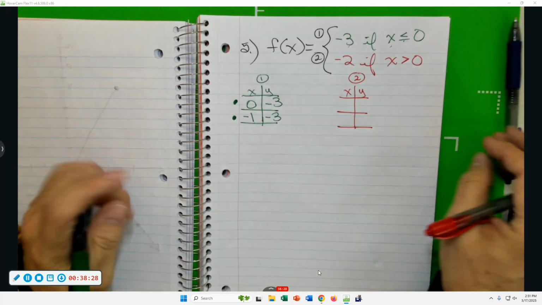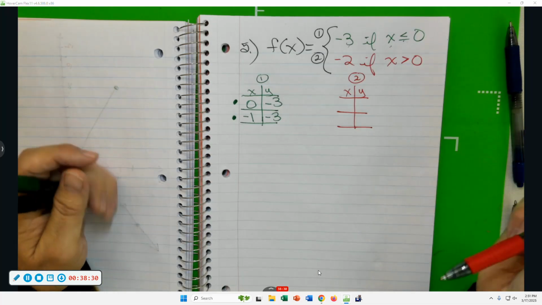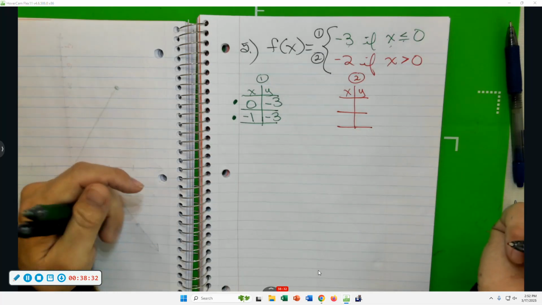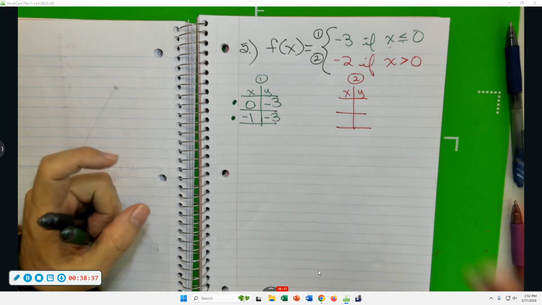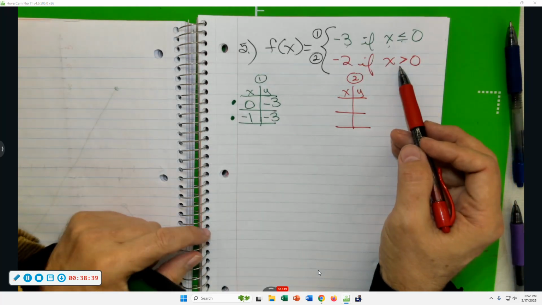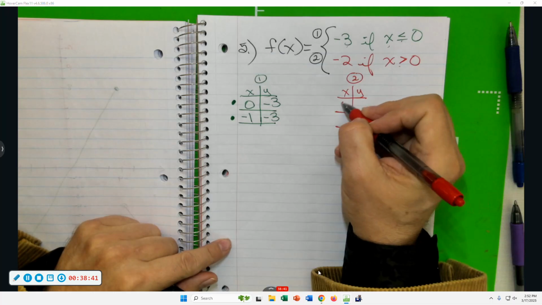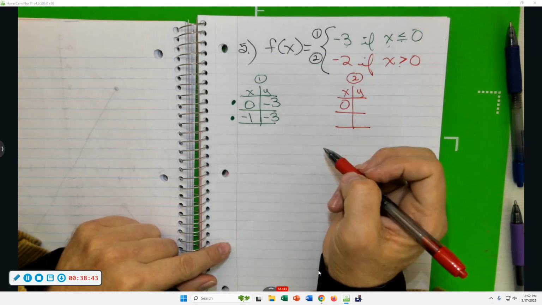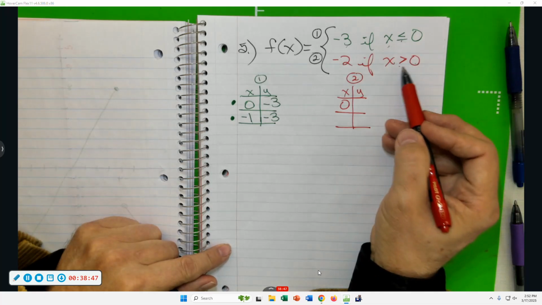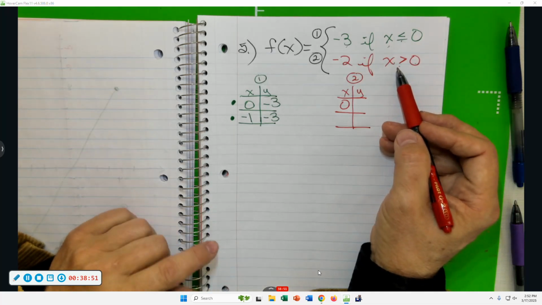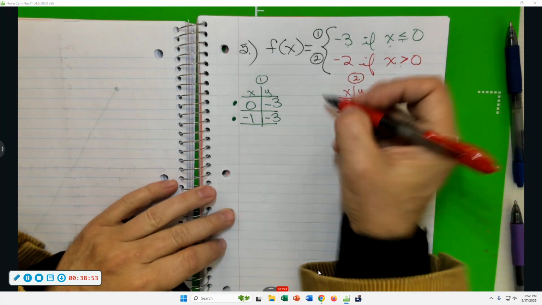What's the first number I have to use for x? I couldn't hear you. 0. I have to use 0. You say, well, there's no equality. That means this cut point is going to be labeled how? We're plugging in a number that doesn't satisfy the inequality, so this cut point will be labeled open.